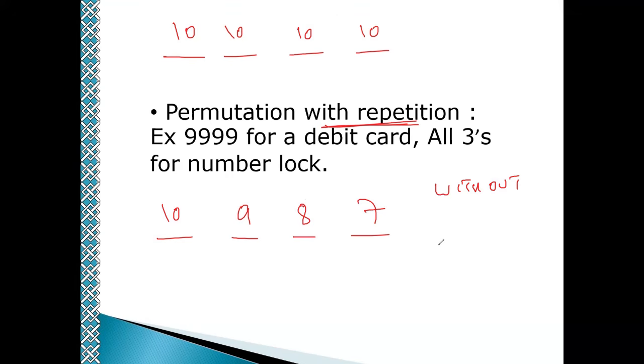So numbers will decrease like this. First place 10 digits. Now one digit I already used, it is 9, then 8, then 7. So this is the distinction between with repetition and without repetition.